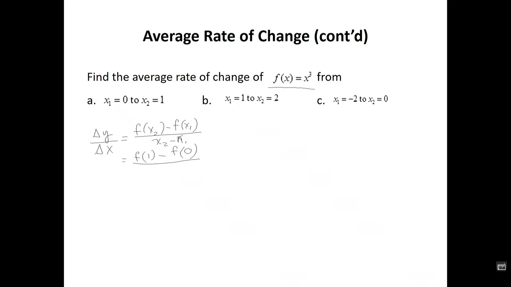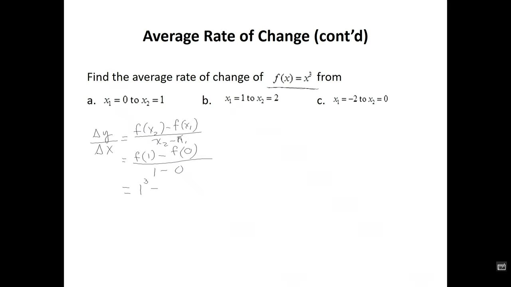All divided by x sub 2 minus x sub 1, so this is 1 minus 0. F of 1 is going to be 1 cubed minus f of 0.